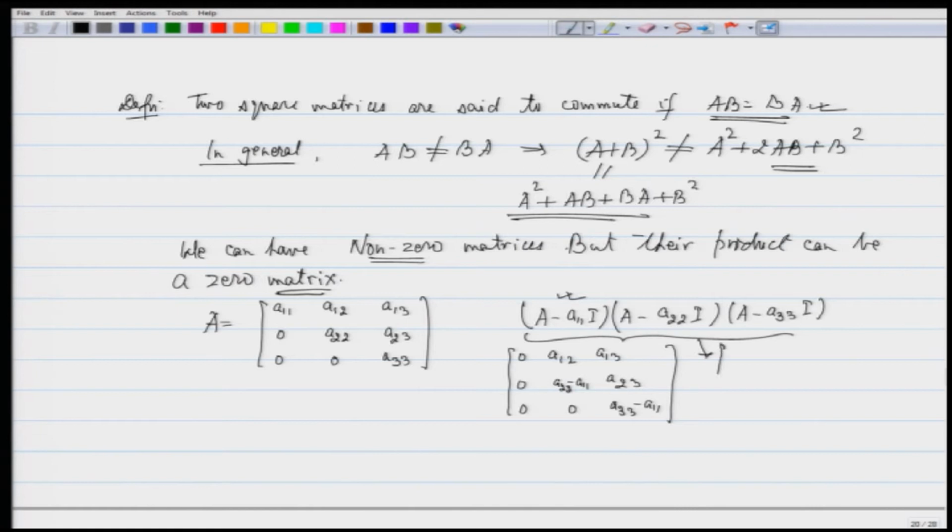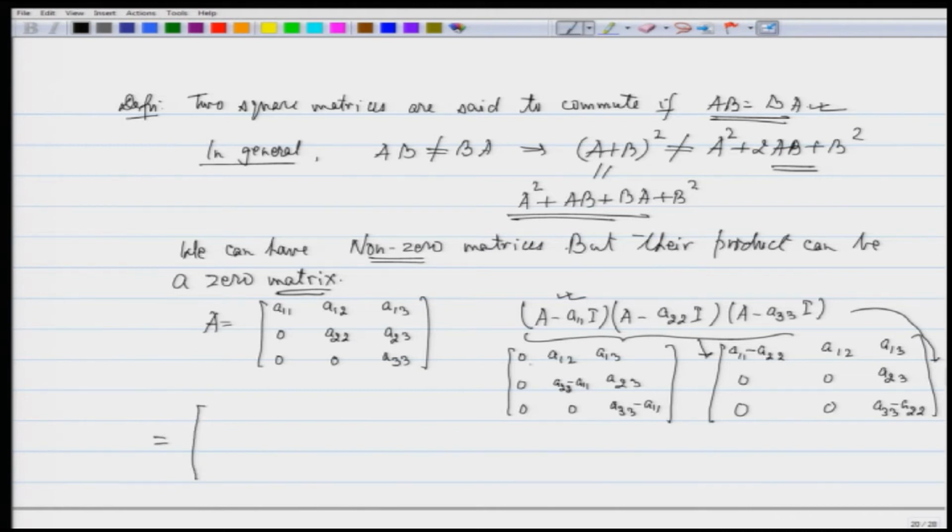The second matrix is A11 minus A22, A12, A13, 0, 0, A23, 0, 0, A33 minus A22, and I am leaving the remaining part as it is.